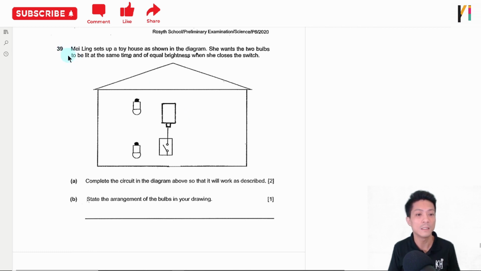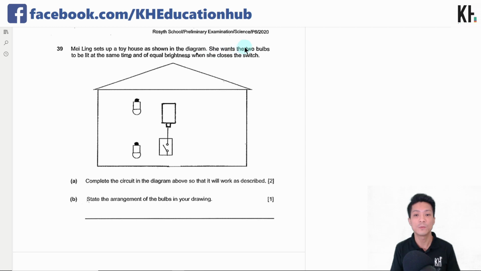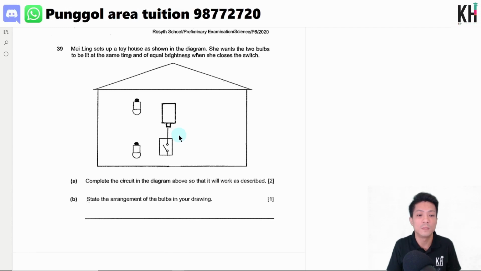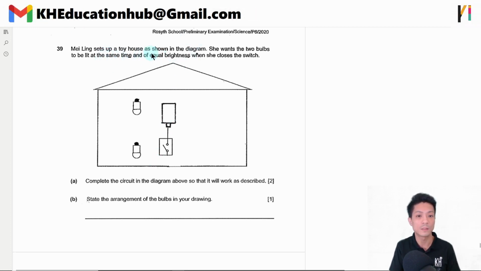Okay, question 39. Mei-Ling sets up a toy house as shown in the diagram. She wants the 2 bulbs to be lit at the same time and of equal brightness when she closes the switch. Complete the circuit in the diagram above so that it will work as described. In this case, you can either draw a series connection or a parallel connection, because what she wants is equal brightness when she closes the switch.